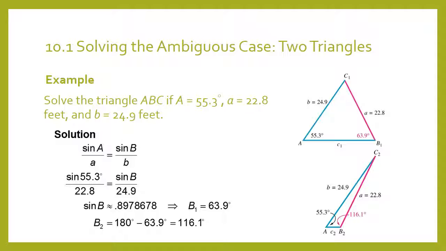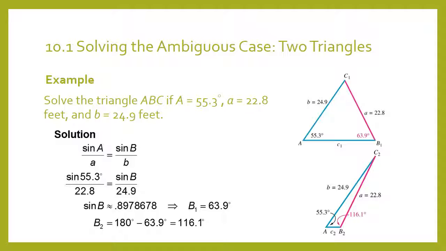Okay, so when we solve this one, we get that B is about 63.9 degrees. Well, subtract that from 180 and we get 116.1. And by the way, once you find 63.9, you go ahead and use that and solve for side c and angle C, solve for everything else. But now we see that when we subtract from 180, we get 116.1.